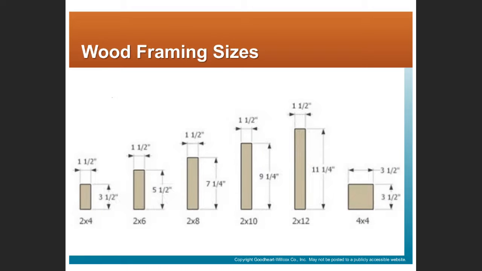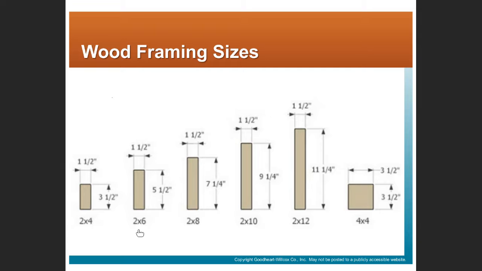So, sorry, this one's a little fuzzy here. A 2 by 4 is a nominal size, but the actual dressed dimension of a 2 by 4 is 3.5 inches by 1.5 inches. Same for a 2 by 6 or a 2 by 8.